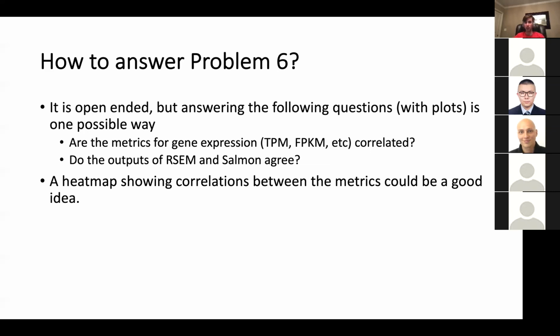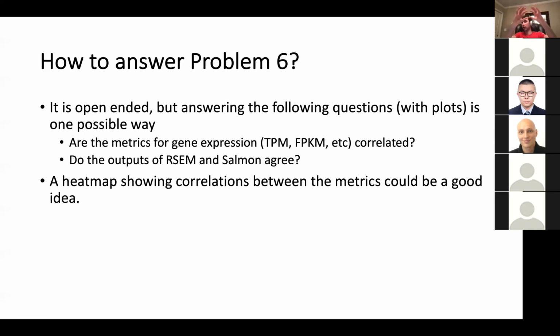I think answering those two questions would be a good place to start, but it's also open-ended. So if you have a question that you think would be interesting to pursue, go ahead and do that. One option is a heat map showing correlations between the metrics. It might be a natural approach for this problem, since on each row you can have TPM, FPKM, read counts, and effective length.